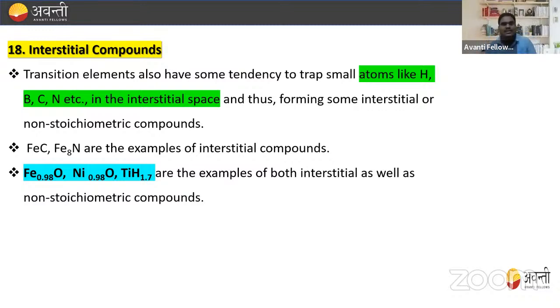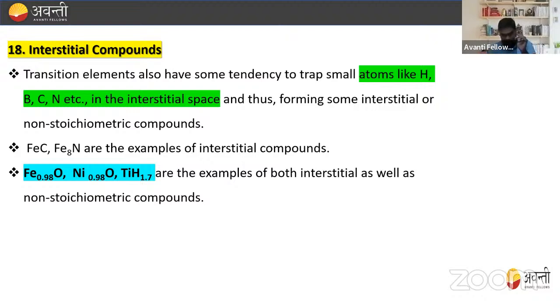So basically, beta, the transition elements also have some tendency to trap small atoms like hydrogen, boron, carbon, nitrogen, etc. in the interstitial space, thus forming interstitial or non-stoichiometric compounds.